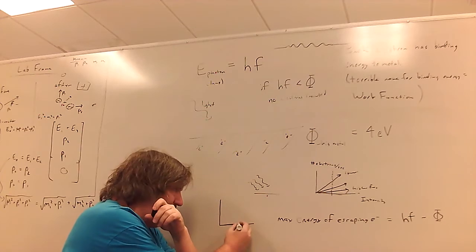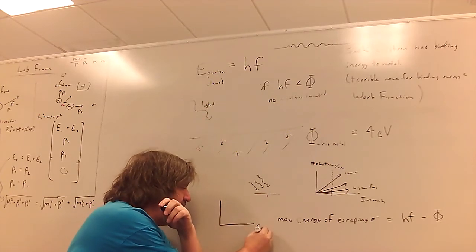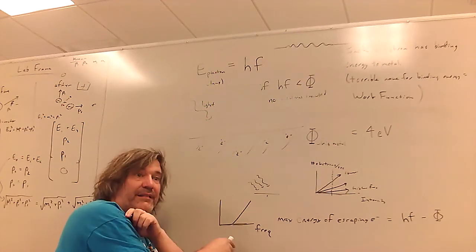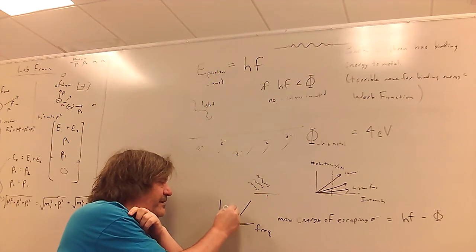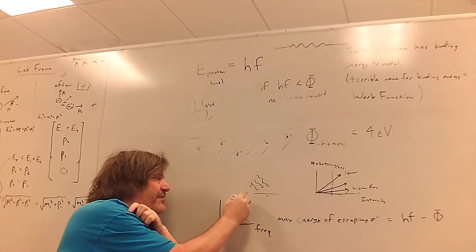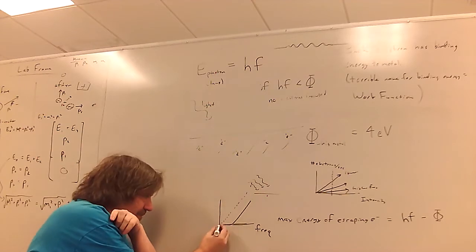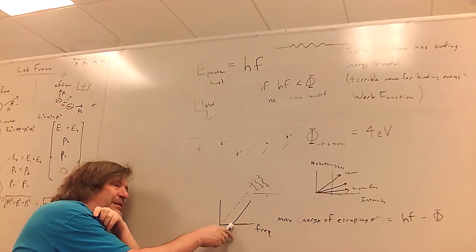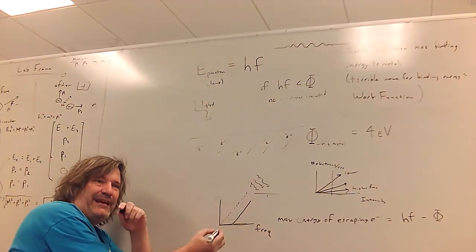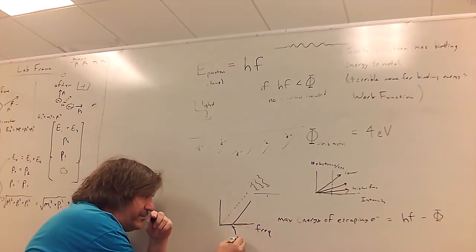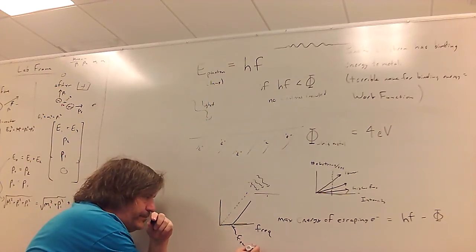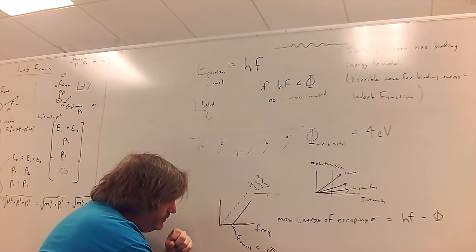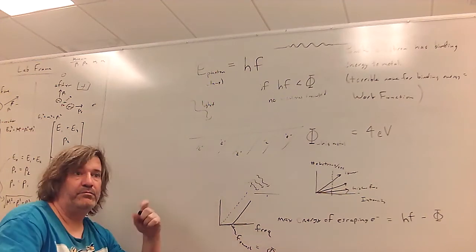You could ask questions such as, well, if I'm sending that light down on the surface of the metal, if I were to graph how many electrons escape per second as a function of the intensity of the light, it would always be linear.